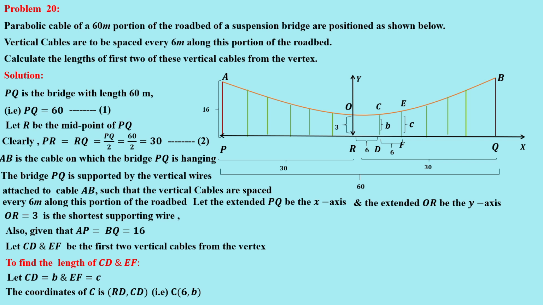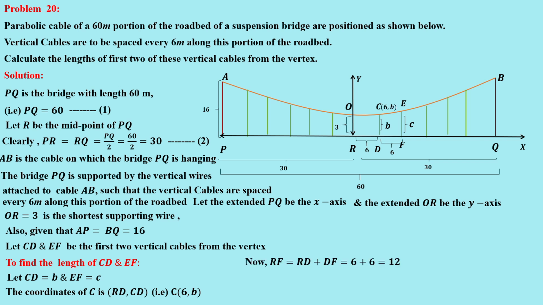Now we are taking PQ as the x-axis, so R is the origin here. Instead of O, you have to take R, because the point of intersection of the y-axis and x-axis, R, is 0 comma 0. That is why RD and CD is the coordinate of C. So RD we know is 6 and CD is equal to b. So the coordinate of C is 6 comma b, and clearly C lies on the cable.